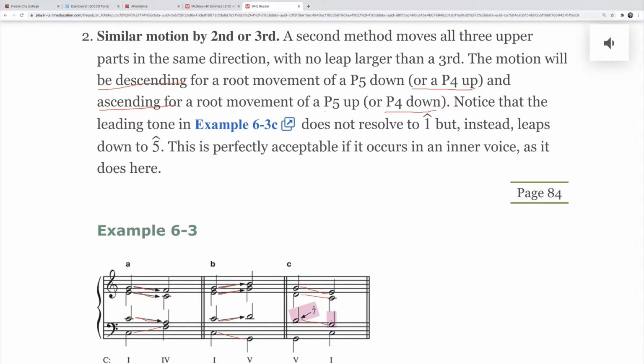So similar motion by second or third is method number 2. Questions? Seeing none, hearing none. On we go.